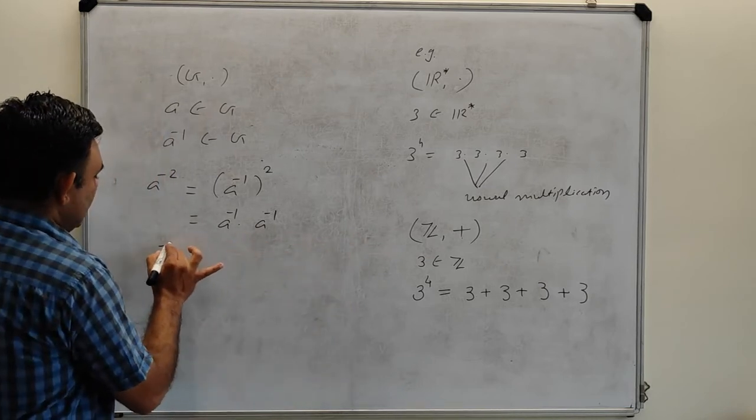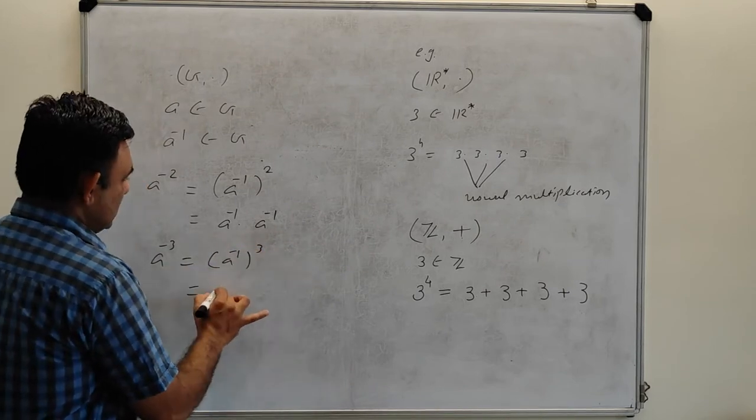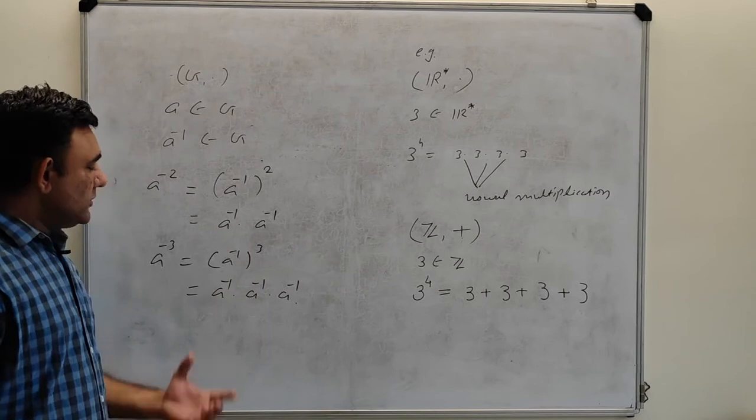Similarly, a raised to minus 3 means a raised to minus 1 cubed, which is a raised to minus 1, a raised to minus 1, a raised to minus 1. So these are just notations.